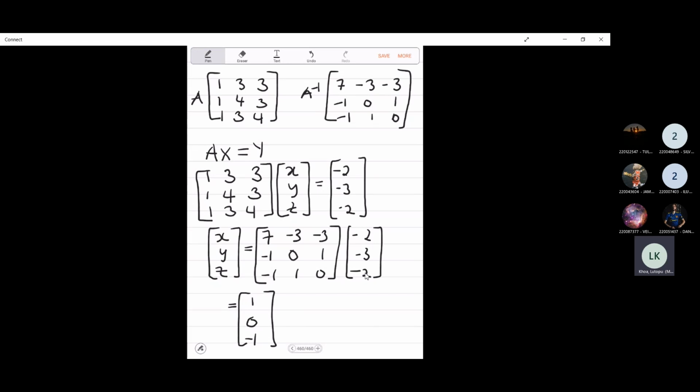So 1 times 1 plus 3 times minus 1. This gives me minus 2. I think here I would need to interchange x and y, because I know y is minus 1 and z is 0.